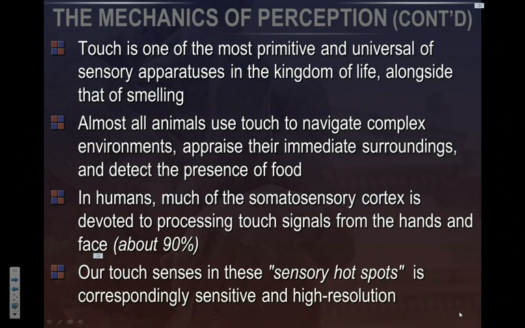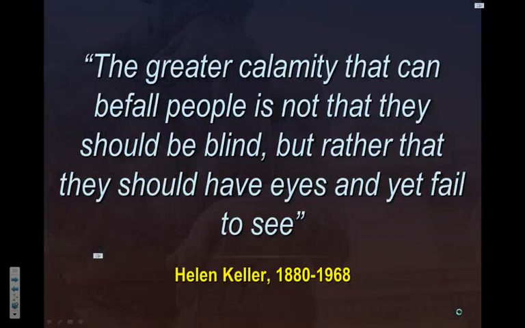That's the way we've evolved. And I don't think most of us would disagree with that: if I say touch this, you're most likely going to touch it with your hand or your face. Mostly your hand, depending on what it is. Okay, so these are what are called sensory hotspots, right? They have that really high sensory perception there.